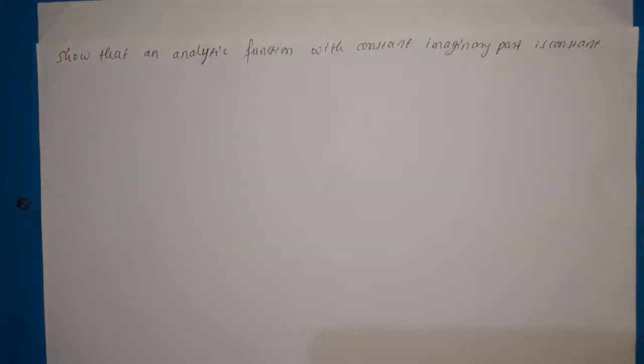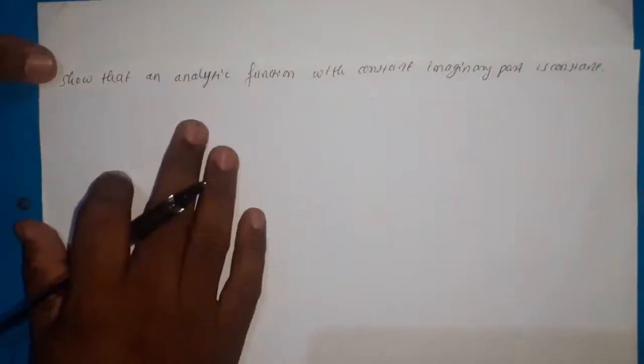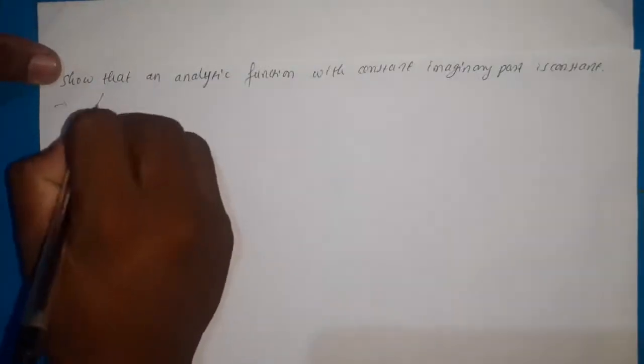The next example is, show that an analytic function with a constant imaginary part is constant. So, here the function is analytic and the imaginary part of that function is constant, means v is constant here. So, here let us consider the function.